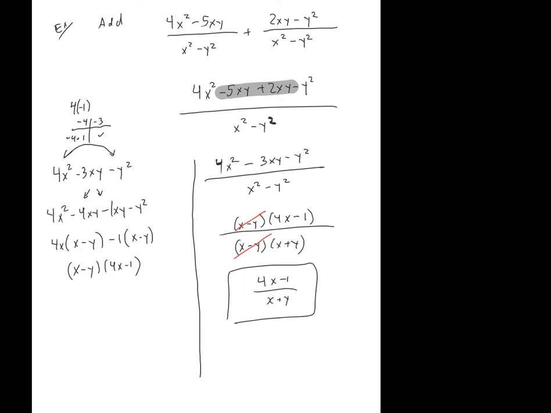A nice example of adding these like fractions and then having to simplify. This is what we were doing last class; we were simplifying, so we see simplifying coming back into play. Any questions with this example, y'all?